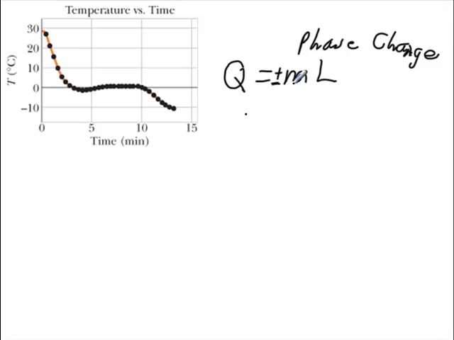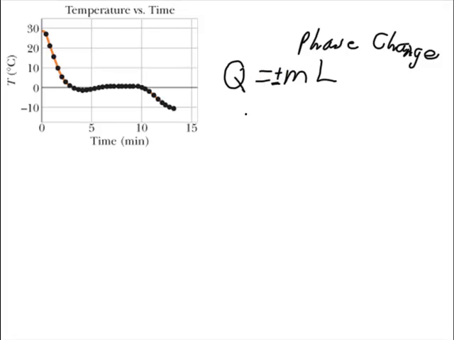It's plus if energy is going into the system, it's minus if energy is coming out of the system. So for example here, where we're freezing, the temperature of the freezer is less than the temperature of the system, we would have a minus because energy is coming out of it. If we were melting, we would have to have the environment be warmer than the system, and it would be a plus because we would be adding energy to the system.